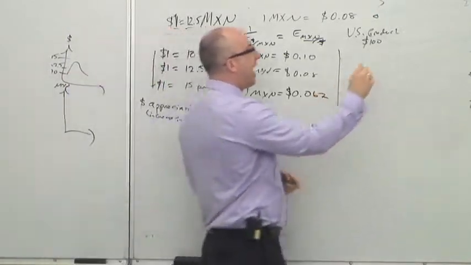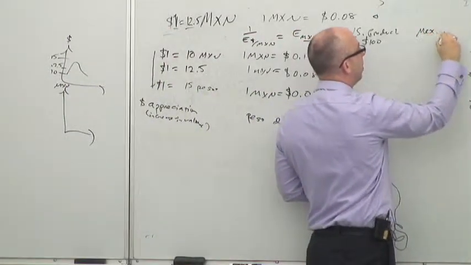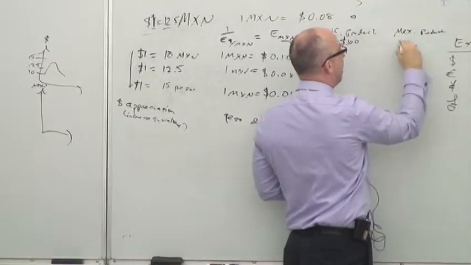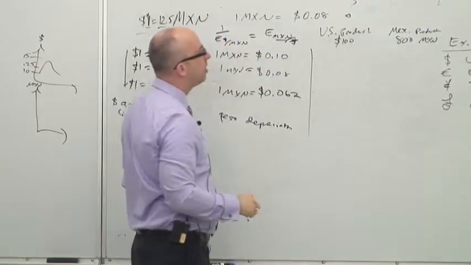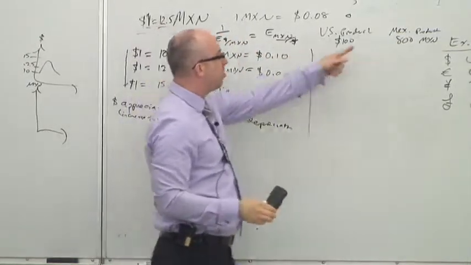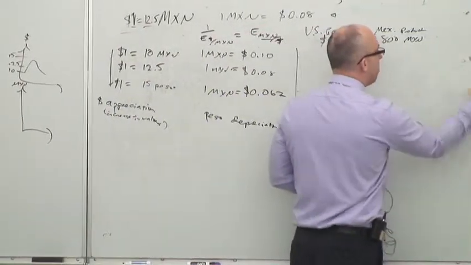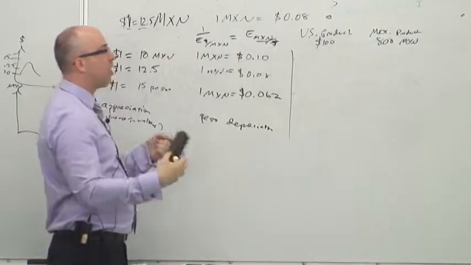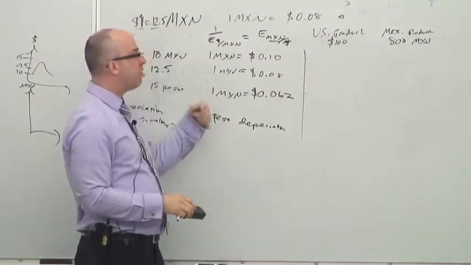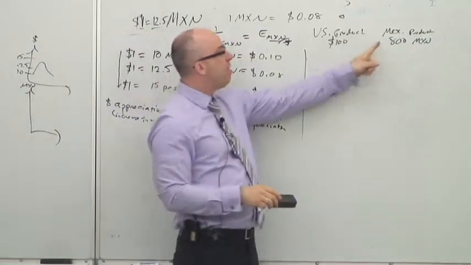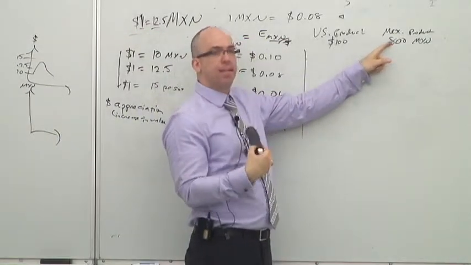Or if I buy for 800 pesos the same product, I'm choosing between the two. But the only thing that's going to make me cross the border and buy the Mexican product is if it's cheaper.